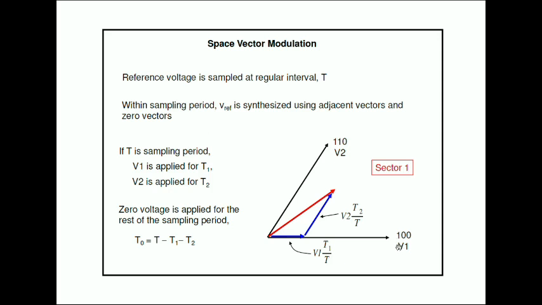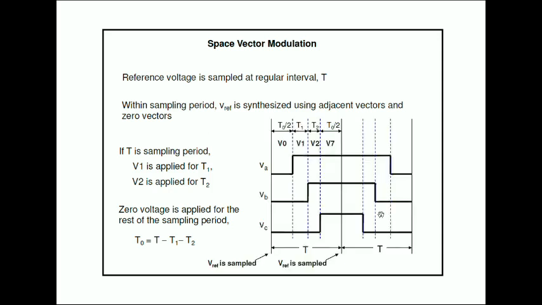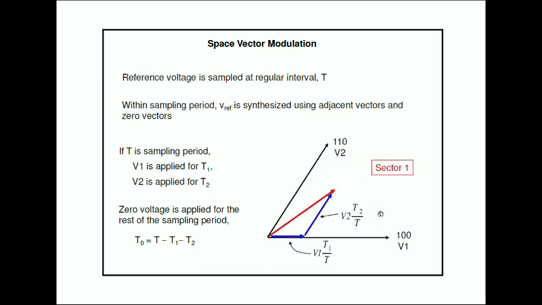We represent v0 as 0 0 0, which means no switches are active. If no switches are active, then the voltage will be zero. That is one zero vector.